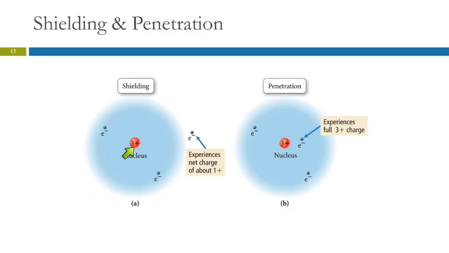Here we have the nucleus for lithium. Yeah, lithium atom. We've got 3 protons in the nucleus. And there is shielding that occurs. There are 2 electrons in that 1s orbital, and then this 3rd electron has to be in the 2nd principal level. So this is up in a 2s orbital. The 1s orbital is smaller than the 2s orbital.